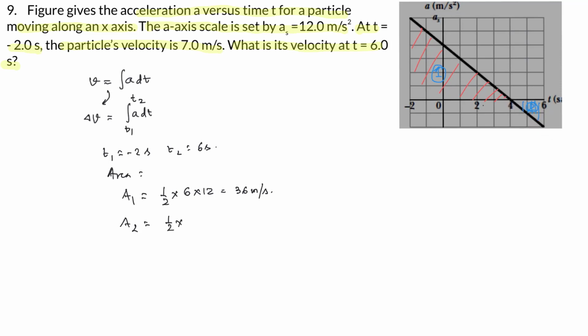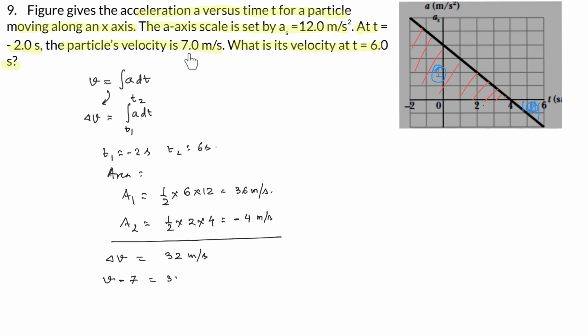That area is half into 2 into 4, and the sign of this area will be negative. So total delta v is equal to 36 minus 4, that is 32, and delta v is v minus the initial velocity.